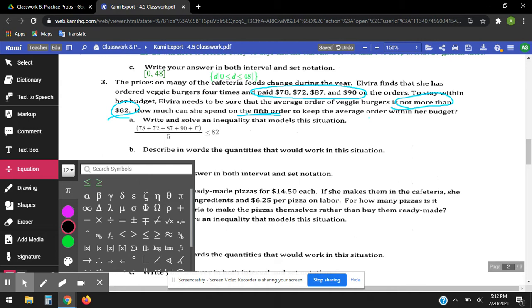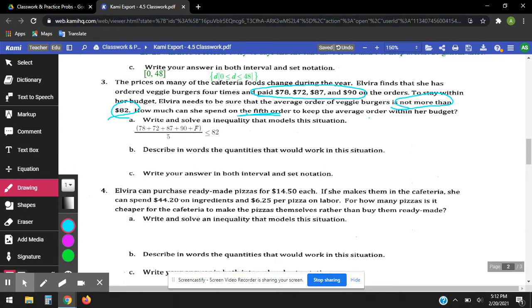Okay, so now we need to solve this. Well, first I'm going to simplify this top part. 78 plus 72 plus 87 plus 90 is 328.